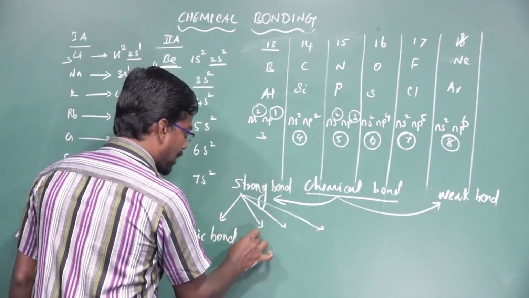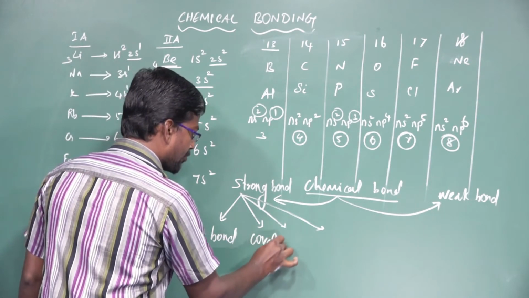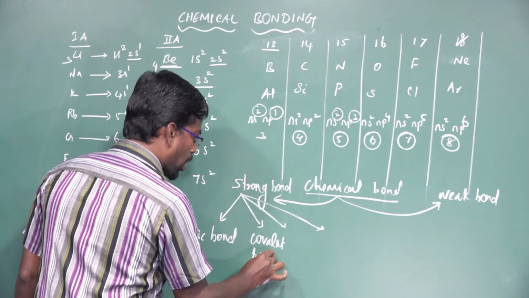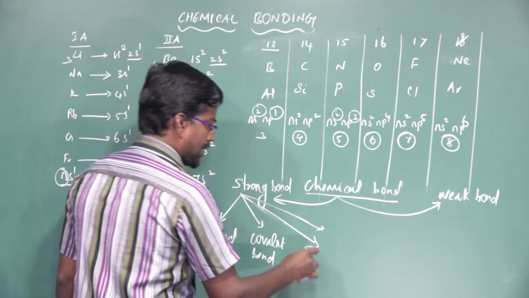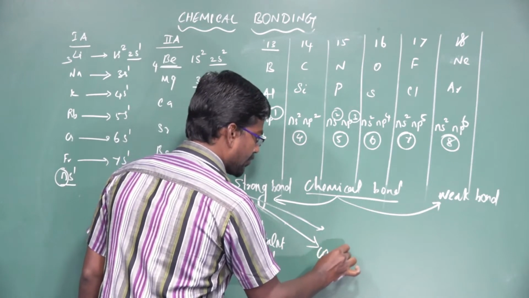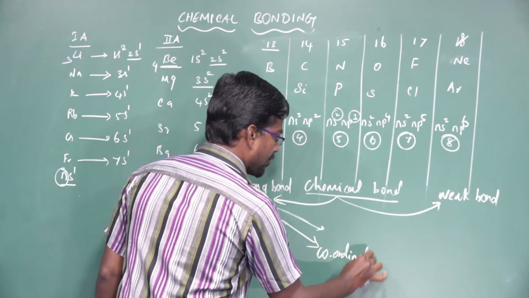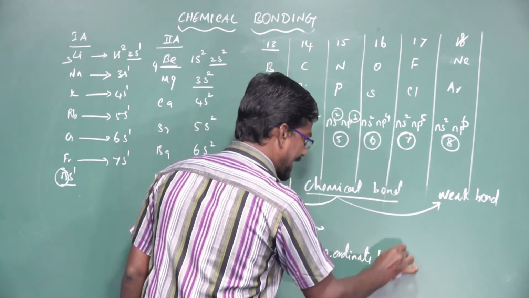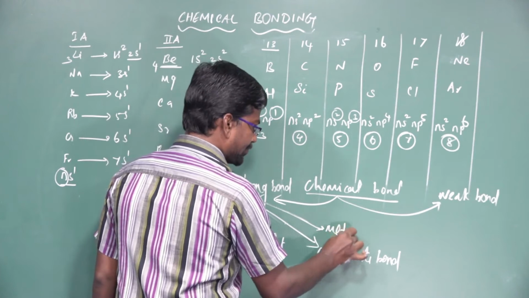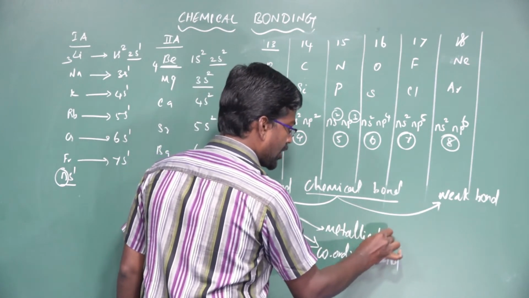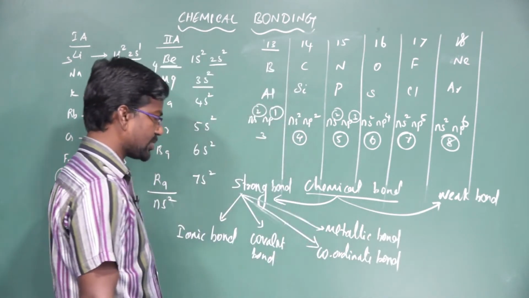Another one, the covalent bond. The next one, the coordinate bond. The next one, the metallic bond. These are strong bonds.